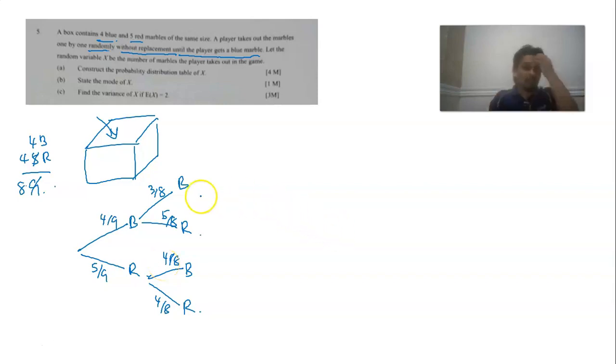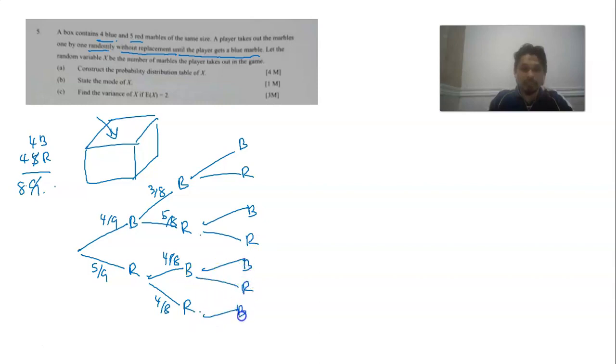If the branches do not add up to 1 for every pair of branches, then there might be something wrong with it. Okay, and then you may continue with another blue and red, blue and red, and so on.